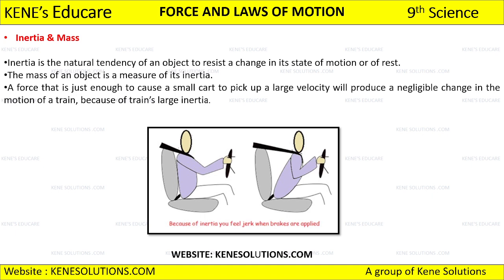So whatever force we have, which is producing a large velocity in the cart, is going to produce a negligible change. It means it is not going to produce any change in the motion of the train, because the inertia of the train is more as compared to this.